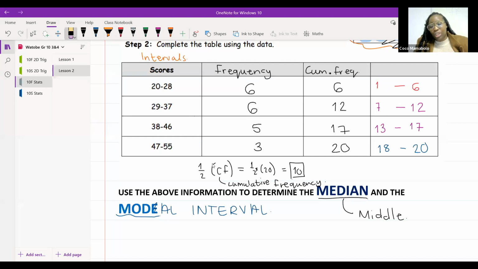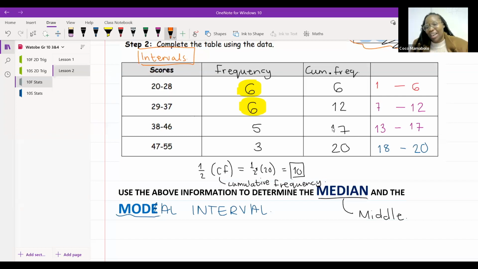Before I take the question, let's just do the modal interval quickly. We said that the number that shows up the most, or the numbers that show up in the interval the most, is that 6 and that one. So it's going to be both of these because they're both high. Remember, guys, the intervals are over here. Which modal intervals do we have?